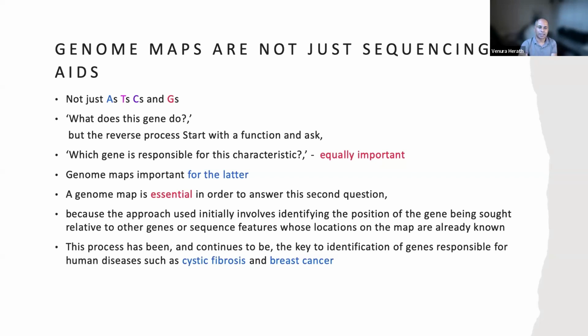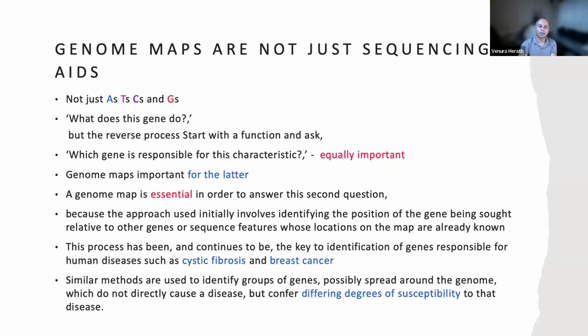Similar methods are used in identifying genes that are possibly spread around the genome. The thing is, it's not always one to one. Having a specific defective gene causes some diseases, but others are not that simple.